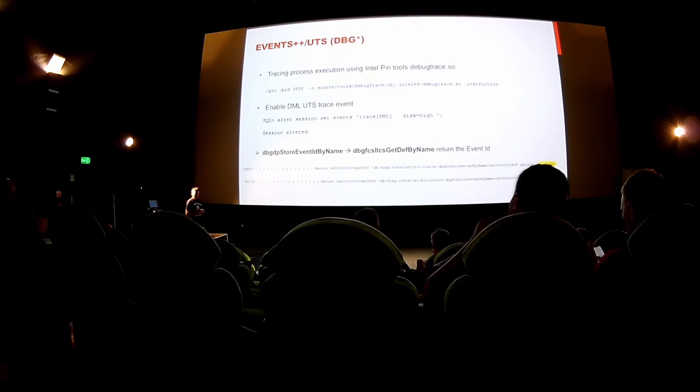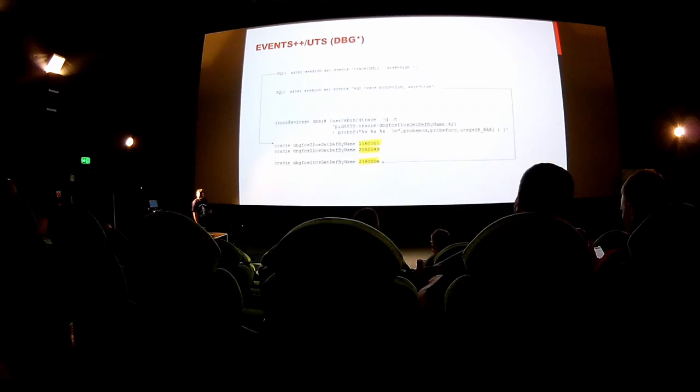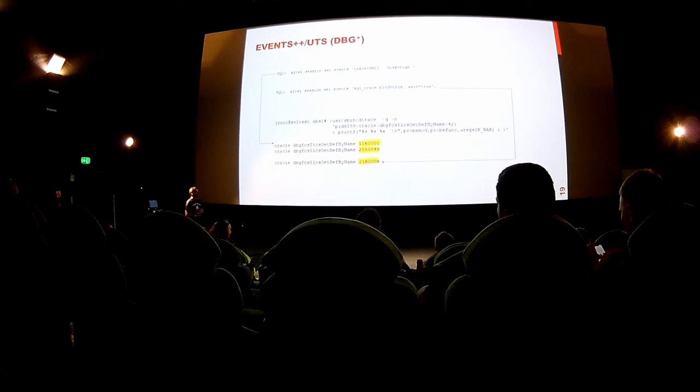So all we have to do is enable all the event plus plus events that we have in our Oracle database, and using a small DTrace script, we can get the return value of the function, which is actually the event ID. If I enable, for example, the tracing for DMN compound, I get the actual event ID of the trace event and the DMN compound, and for SQL trace, I get the event ID of the SQL trace.